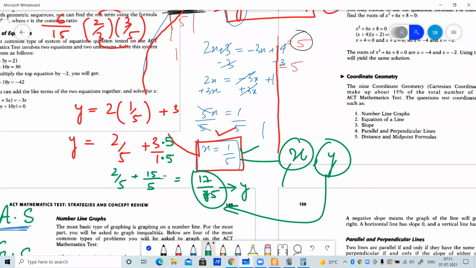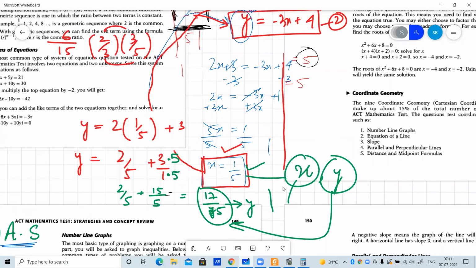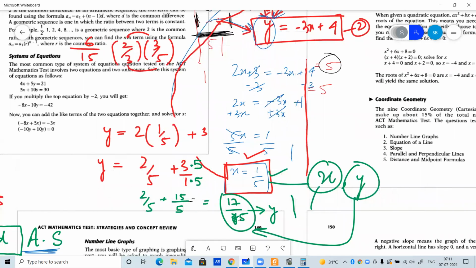Follow me. Now, I want to show you on the graph what this really means. x equals 1 over 5 and y equals 17 over 5. Remember it, write it somewhere in your rough work on one side, because I want to open the graphing calculator.